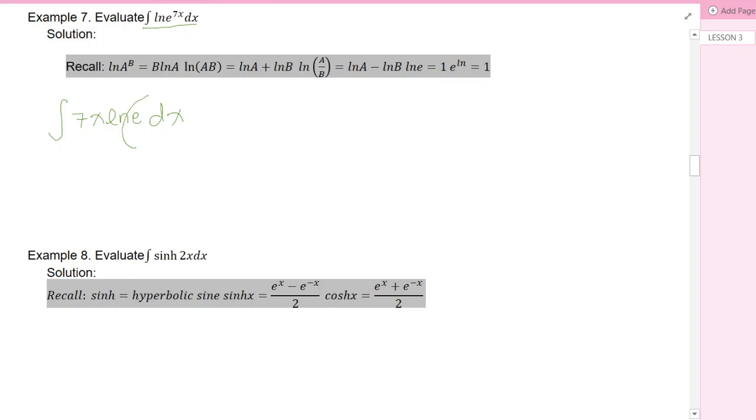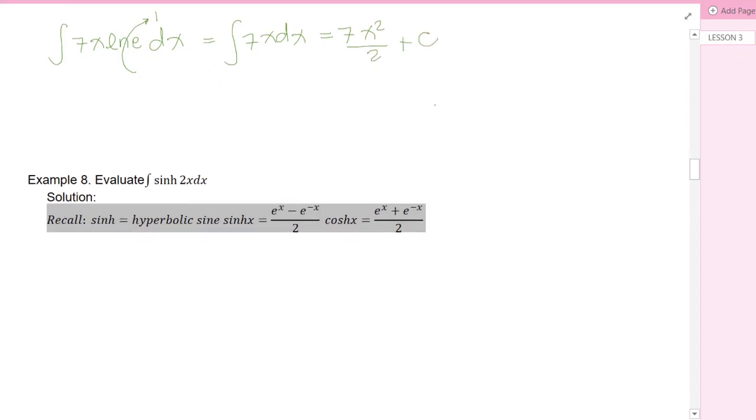Your ln of e there is equal to 1 also. So that is written as the integral of 7x dx. Let us just use the power rule for that. So the integral of 7x there is 7x squared over 2 plus c. So that is our final answer.